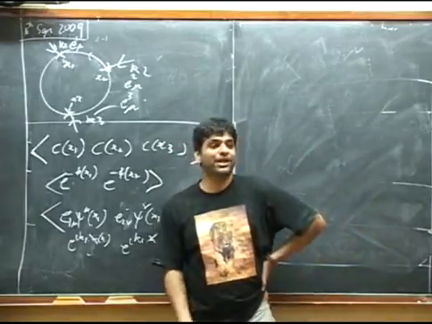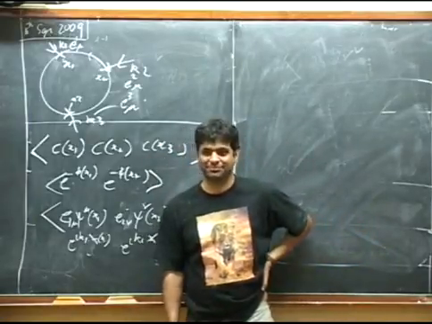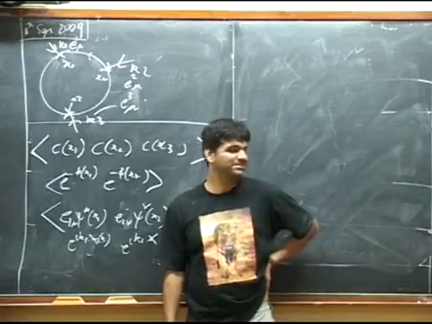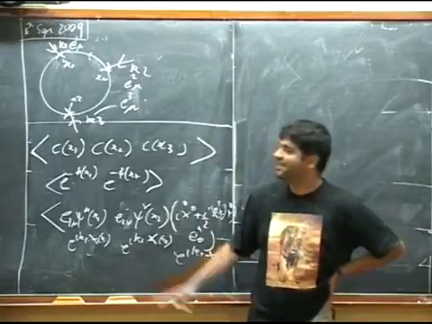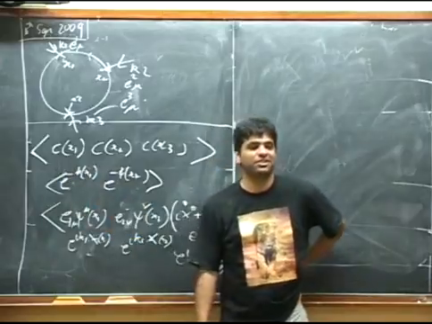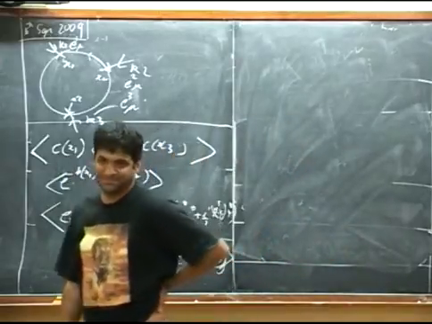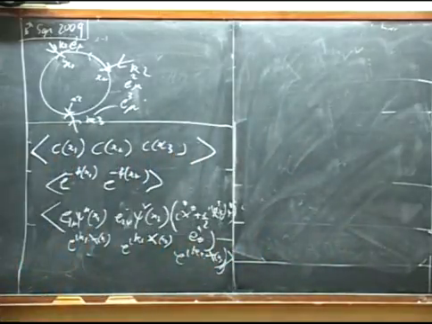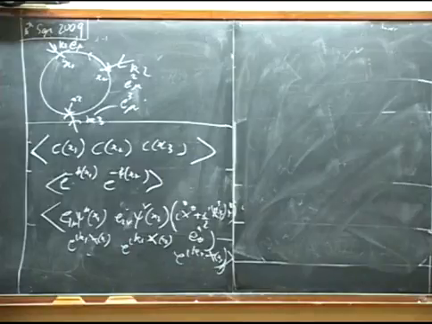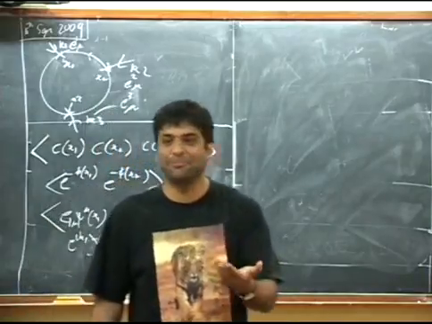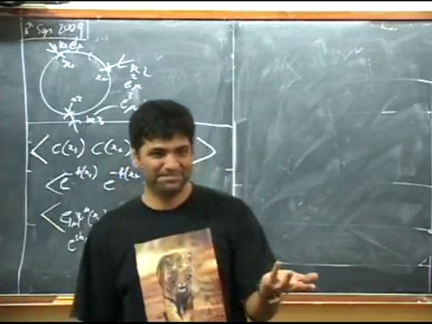Now, C's are commuting or anti-commuting? Anti-commuting. What does this mean for this 3-point function as x1 approaches x2? It's 0. Good. So this must be a very simple object. It's a polynomial of degree 3.